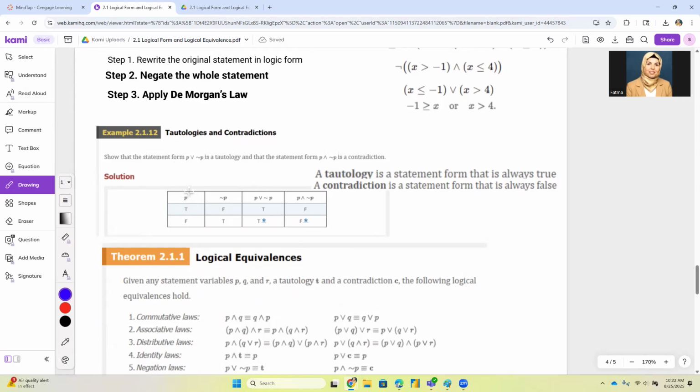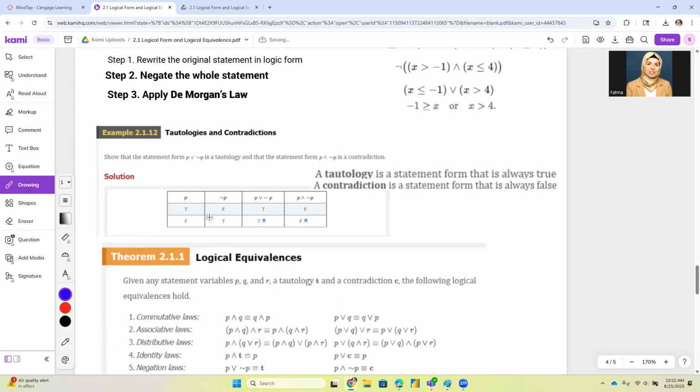So let's look at the P. It can have two possibilities, true or false. So when we look at the possibilities for not P, when P is true, not P is false. When P is false, not P is true. Now, whenever I create the logical table for P or not P, if you OR these two columns, OR is true whenever one of them is true.